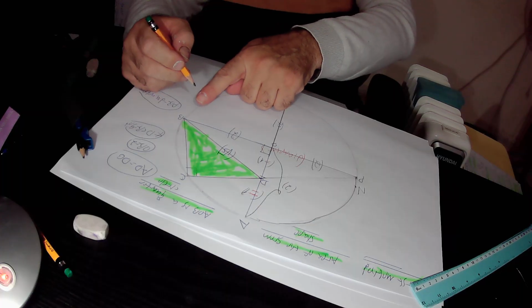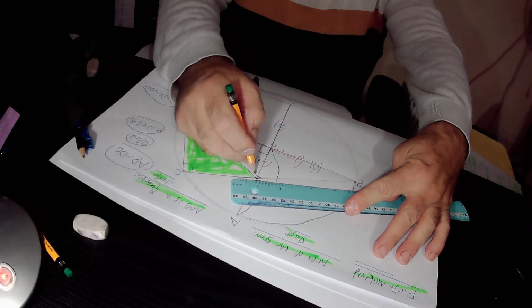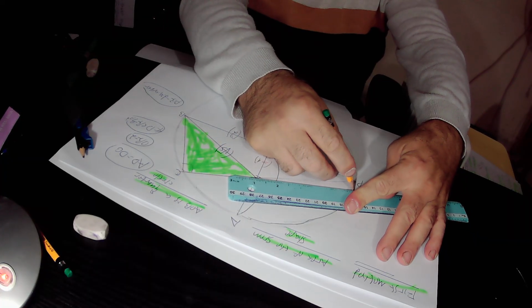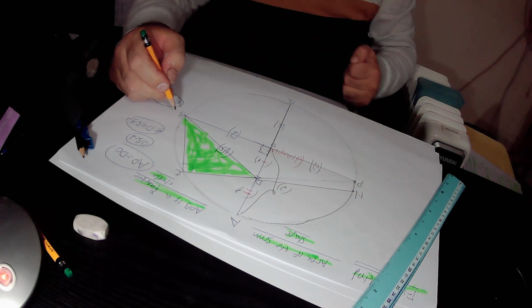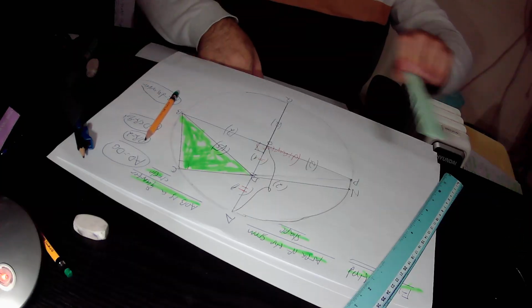Therefore, we have here triangle BCN. So this is triangle BCN. That is equal to 90 degrees inside according to what is given in the question.